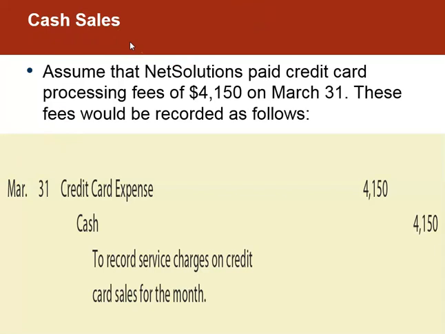So if we sold it for $1,800, and let's just say that we had $10 in total fees associated with that transaction, we're not going to record that as $1,790. We're going to record it as $1,800, and then looks like maybe once a month that credit card company is going to go through and they're going to say, okay, well, you owe us $10 and $22 and so on, and in this case the total is $4,150, and they're just going to take that out of our account.